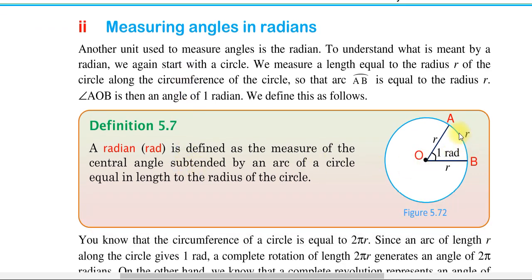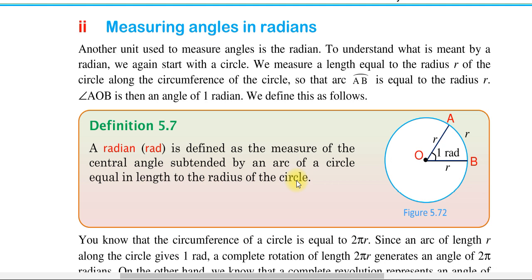For example, look at this: the radius here is equal to the arc AB. So a radian, which is symbolized by rad, is defined as the measure of the central angle subtended by an arc of a circle equal in length to the radius of the circle.